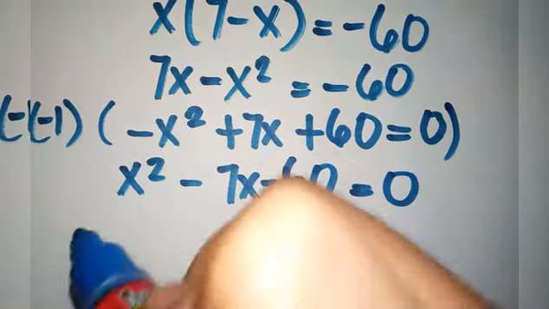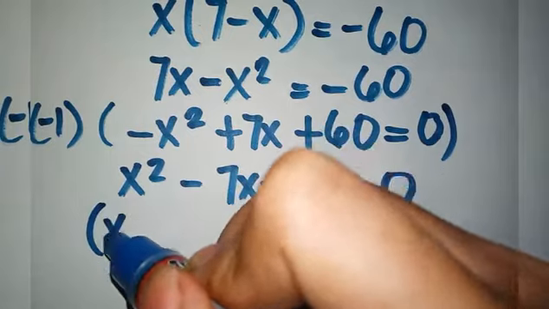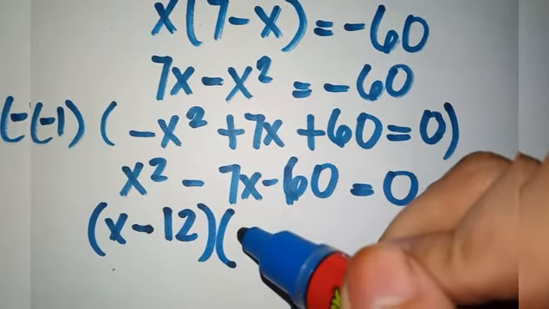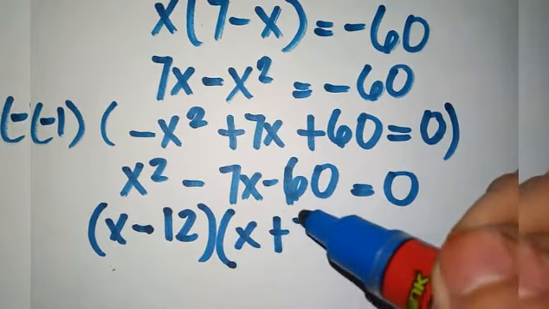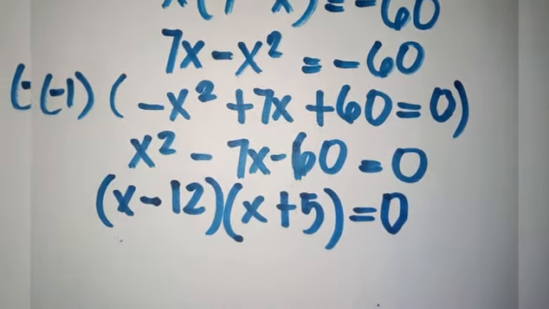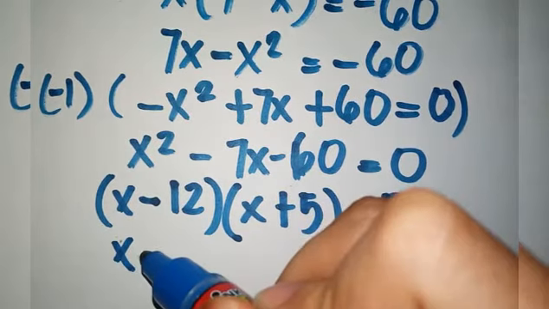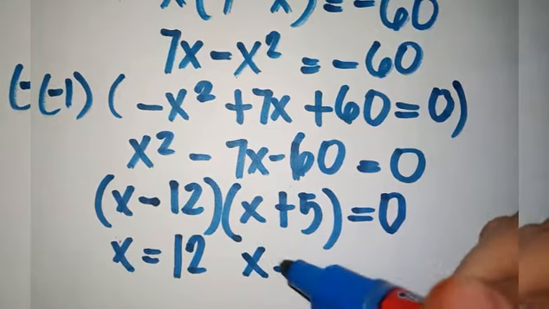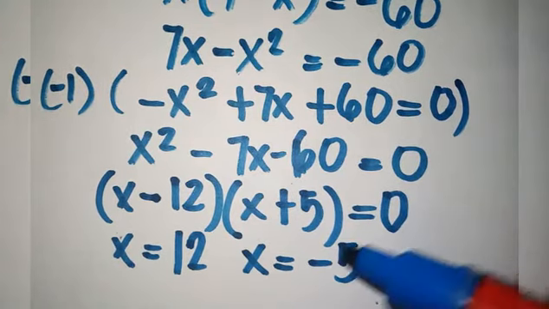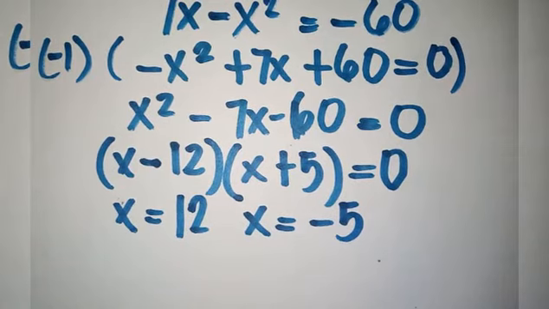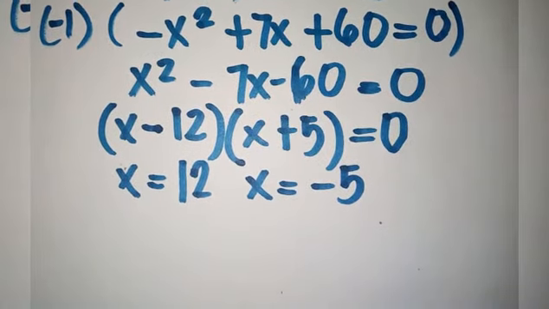So, yung magiging factor natin dyan ay x minus 12 and x plus 5 is equal to 0. So, yung isang x natin ay equal to 12. Then, yung pangalawang x natin ay negative 5. So, yung ating mga numbers dito ay 12 and negative 5.